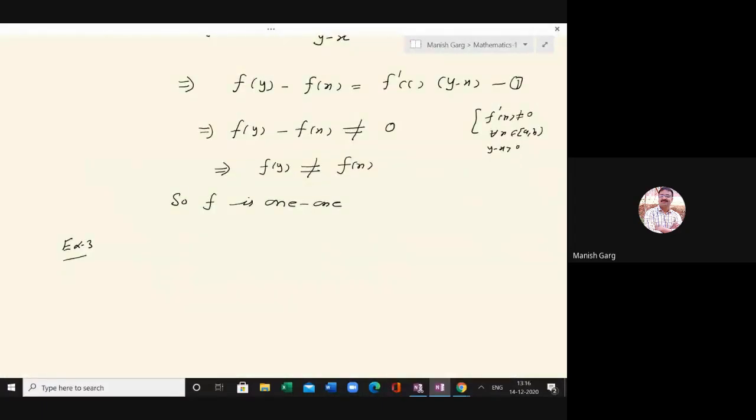So now come to the Cauchy mean value theorem, CMVT. What is the statement?